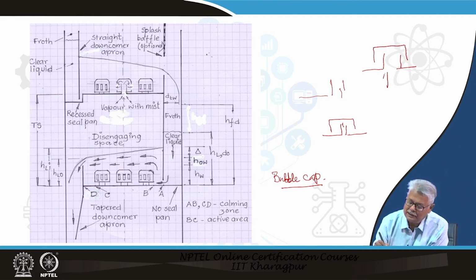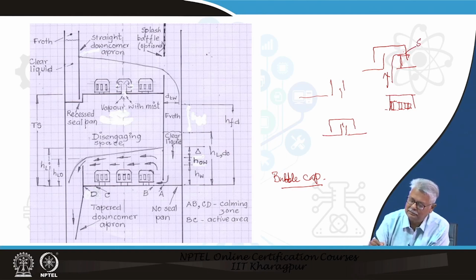So, the vapor coming in here, the cup that you see here looks like this, it will have slots. It will have usually square or trapezoidal slots, through which the vapor bubbles will be coming out. So the gas which goes here comes out through these slots.